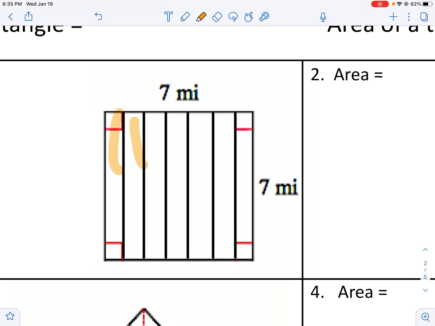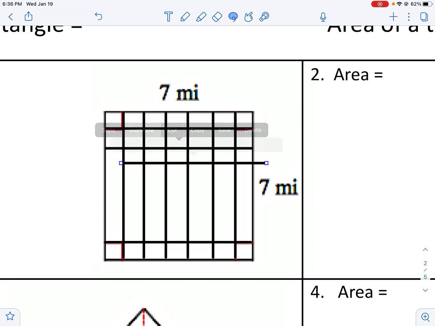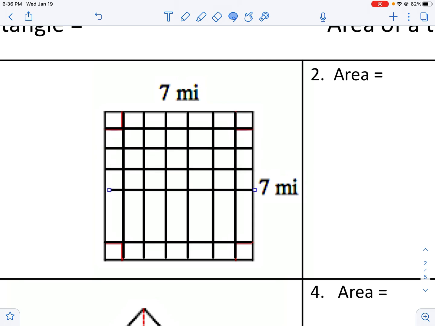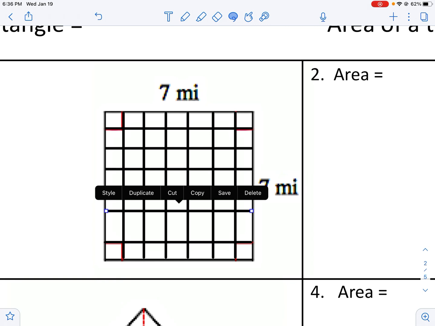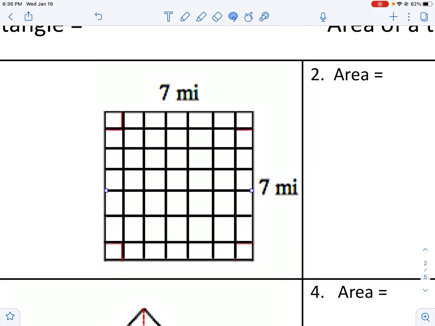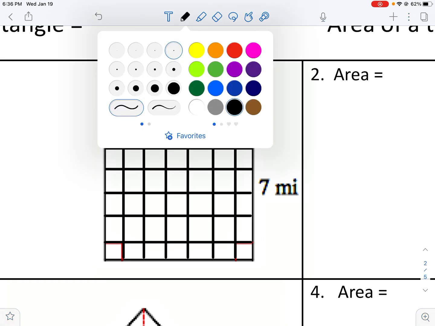If I have 7 units this way, 1, 2, 3, 4, 5, 6, 7, and I have 7 units going the other way, 1, 2, 3, 4, 5, 6, 7, well, the area is just how many boxes you get in the interior.